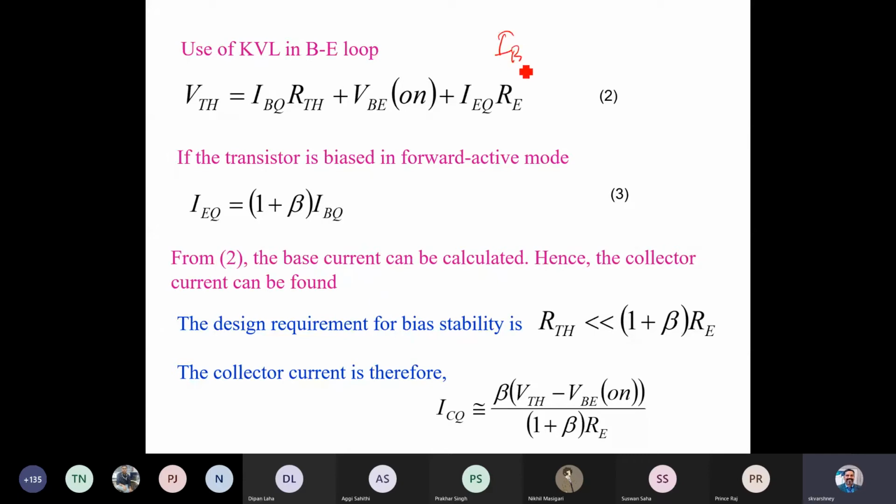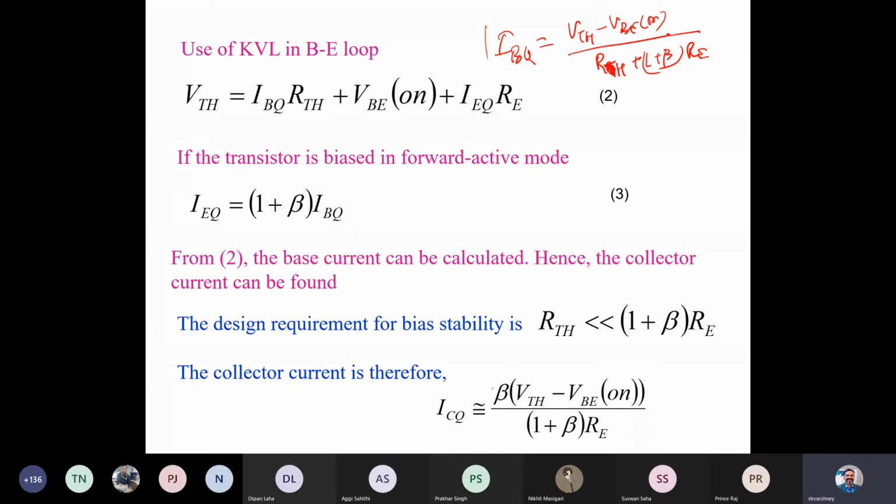Basically, you get IBQ from VTH minus VB on divided by RTH instead of RB, plus (1 plus beta) times RE, considering that the transistor is in active mode. Considering those relationships, we can find IBQ, so we obtain the base current.